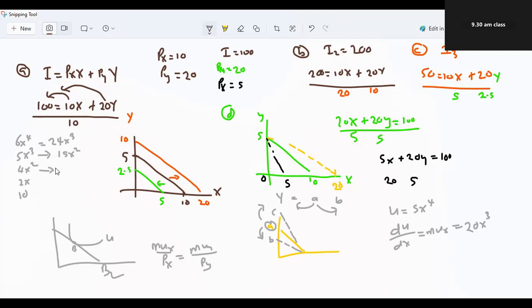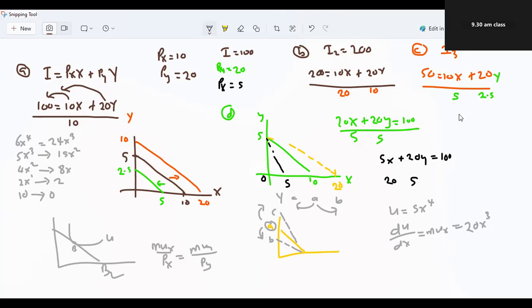About 4x^2, what do we get? 8x. Never write 1, it's invisible. About 2x, there's an invisible one there. So 2x is simply 2. 10 is a constant, so it is 0. That's how we differentiate.